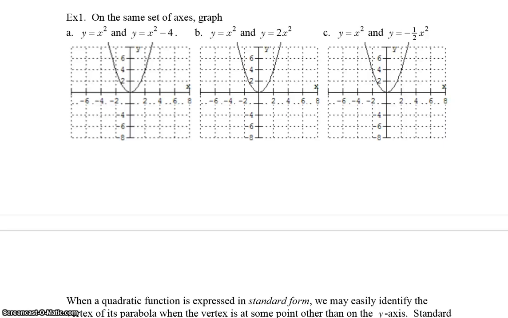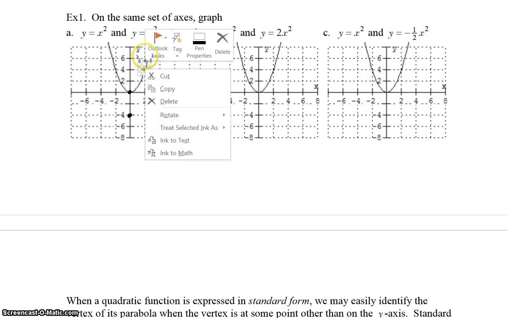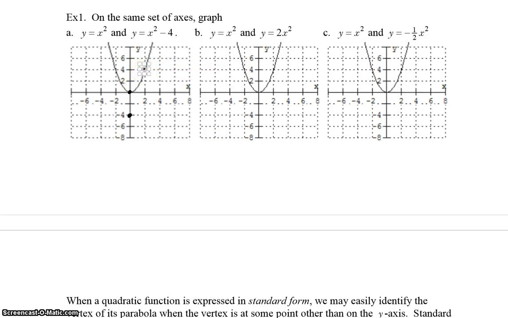So let's plot some specific points. For example, the point on y equals x squared at the origin, that is the vertex, is now at 0, negative 4. Another point we might plot would be the point at 2, 4. The point at 2, 4 would now be at 2, 0.